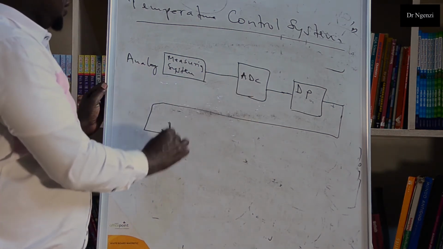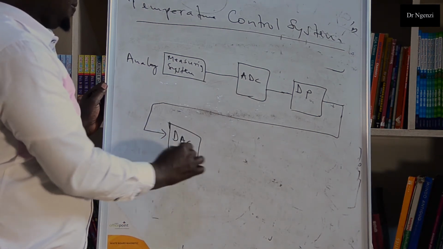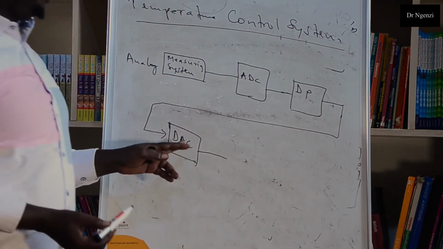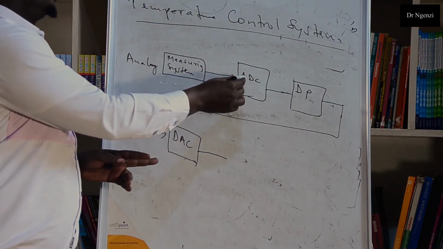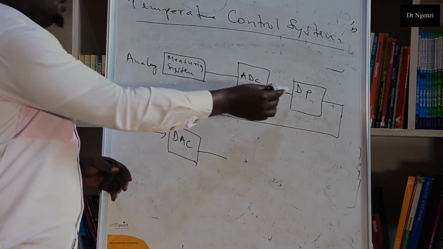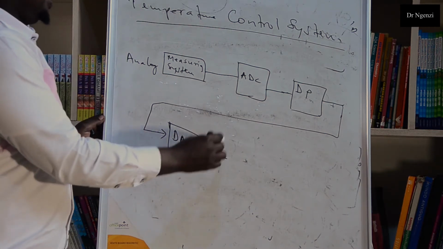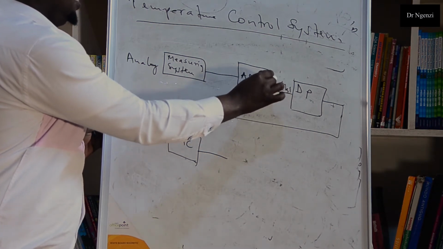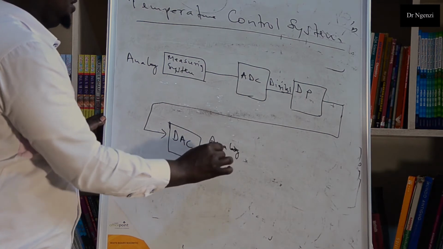Remember, when it is an analog to digital converter, it gives a digital signal, and using a digital processor, you can bring it back to analog. So here you get digital, but here we get analog because it is the other way around.